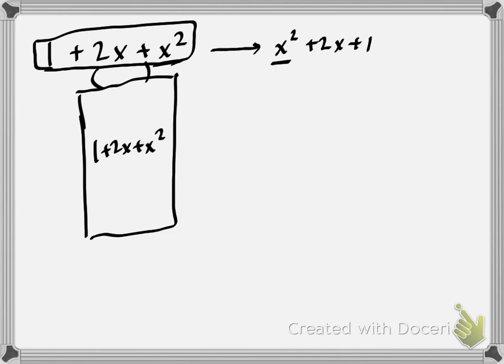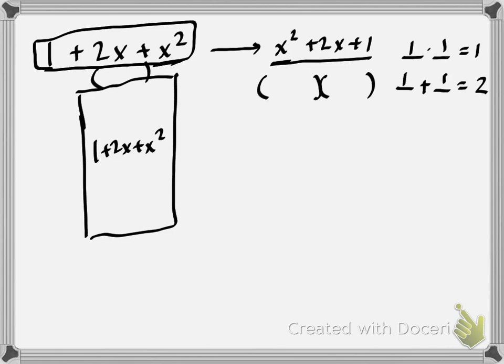So my recommendation would be to rewrite it like this, and then just do what we've been doing. What times what gives me 1, and what plus what will give me 2. And then you're just going to put that inside those parentheses. This is going to be 1 and 1, and 1 and 1. 1 times 1 is 1, 1 plus 1 is 2, so x plus 1 and x plus 1.